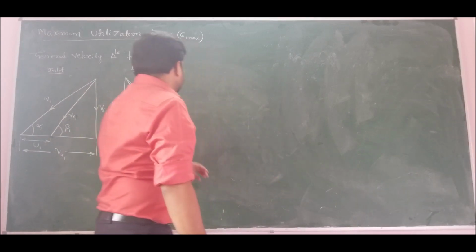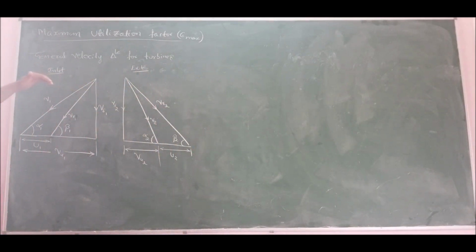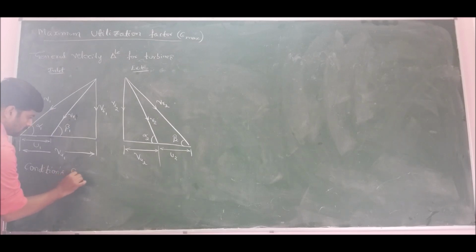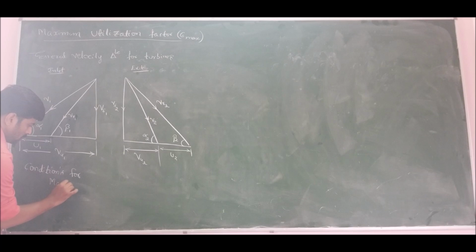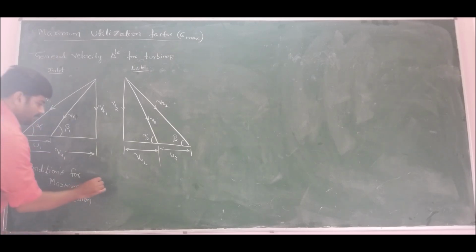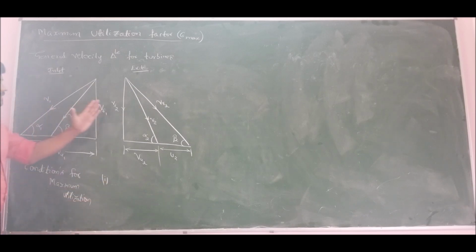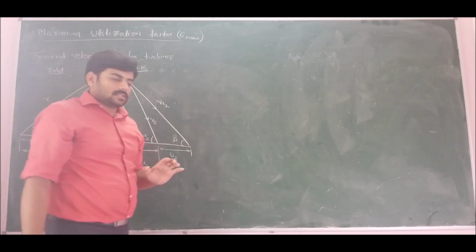So now, the conditions for maximum utilization are: the first one is that the flow velocity must remain constant.